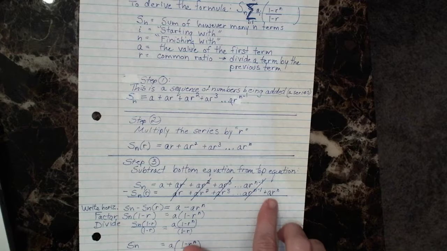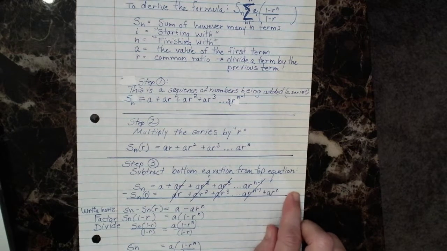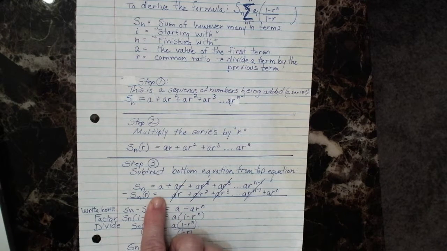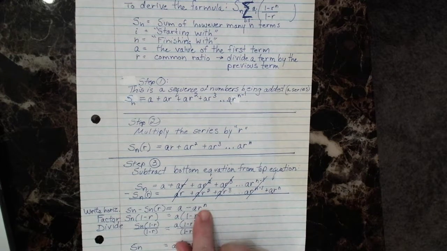And then at the end of the second one, you don't have an n minus 1 because it doesn't exist. So you still have a times r to the n power.